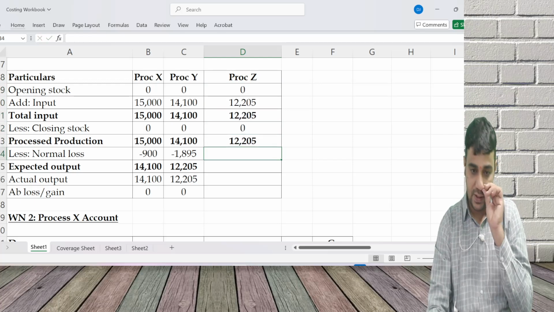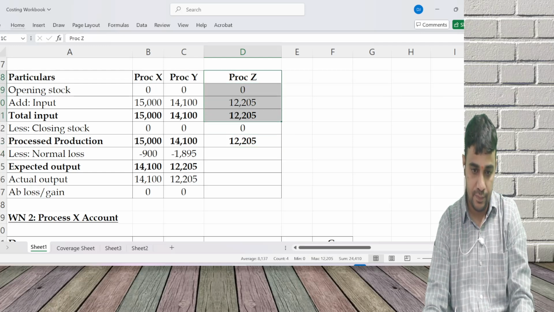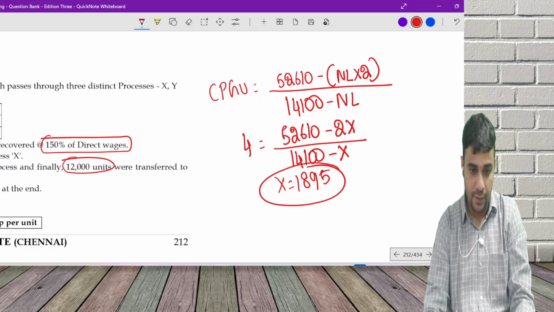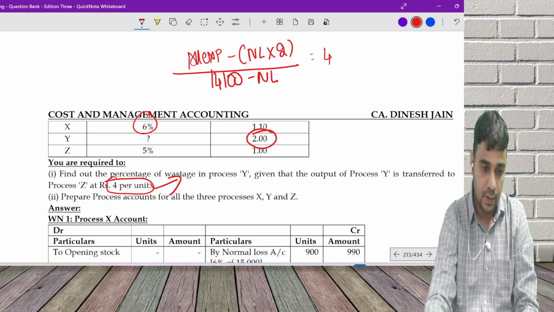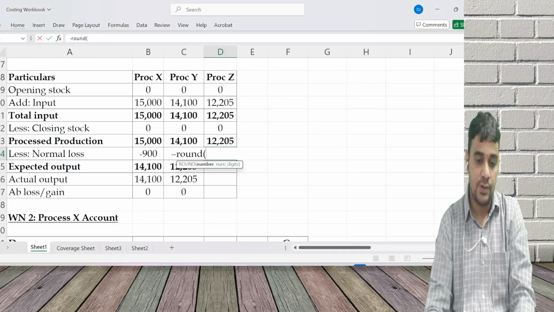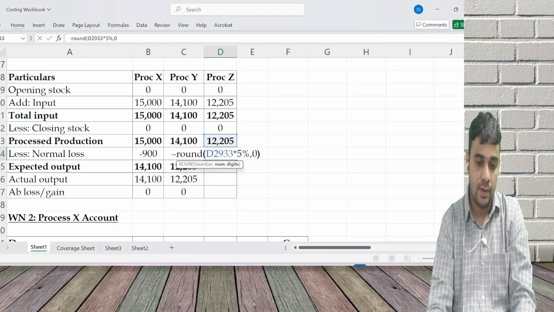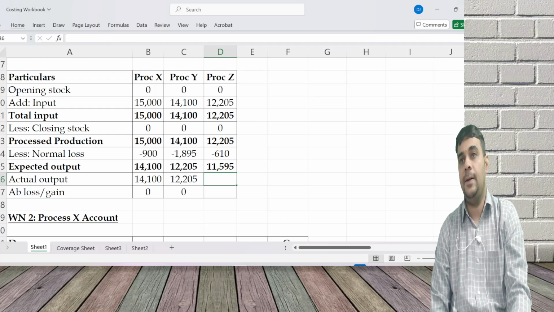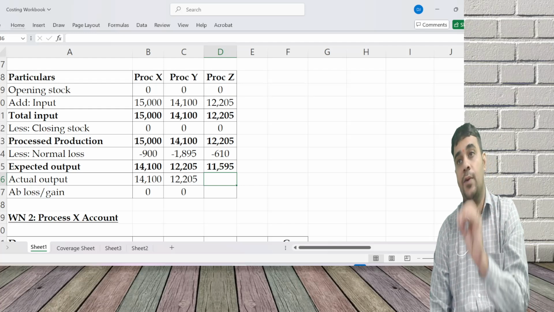Some normal loss percentage is there in the question. How much? 5 percent. Okay. So 610, 7,595. There is an actual output given for the third process.